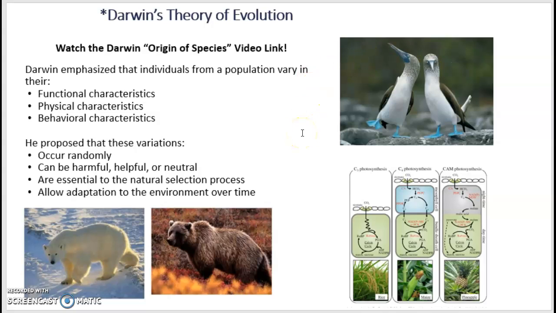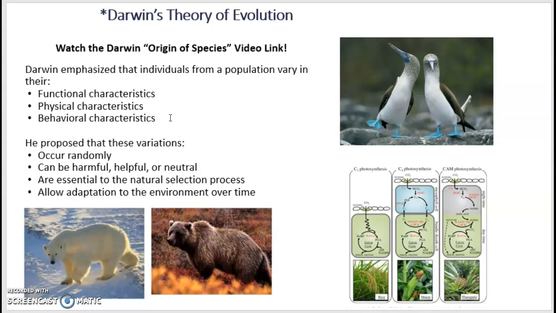Some of the points that Darwin focused on, he emphasized that individuals from a population vary in their functional characteristics, their physical characteristics, and their behavioral characteristics. So everyone, even within the same species, even within the same family, there's always variation between any sexually fertilized individuals. So you don't look exactly like your parents. Your parents don't look exactly like their neighbors.